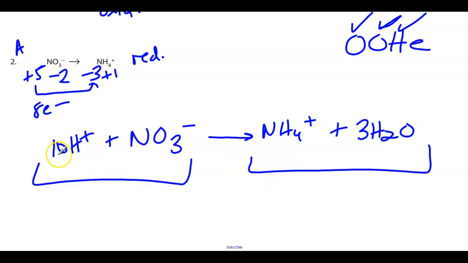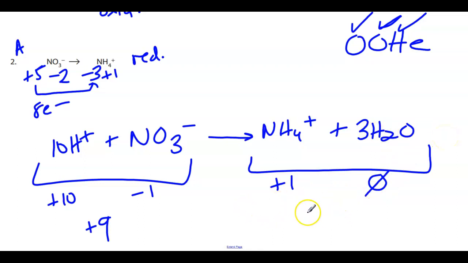So 10 positive ones, this is like +10, right? And then we have -1 coming from the NO3. So in total, on the reactant side, we have +9, right? NH4+, there's a +1. And then, of course, waters are neutral.